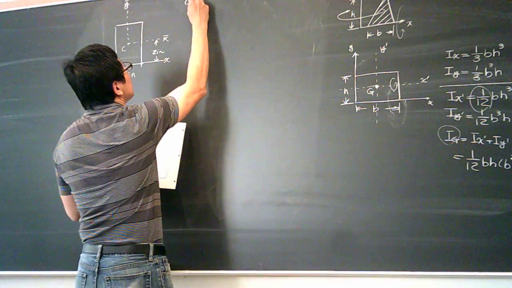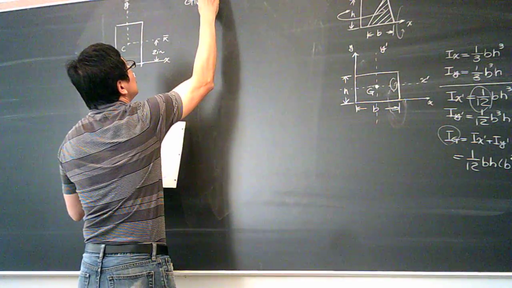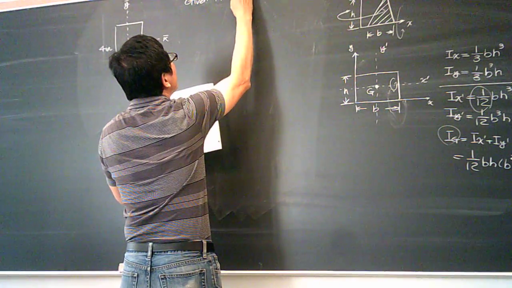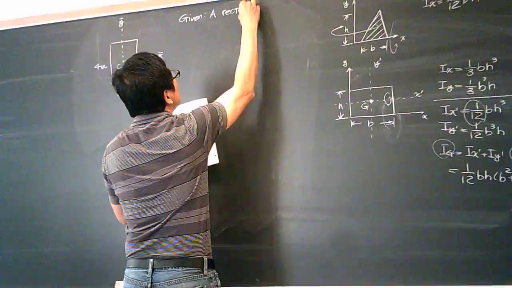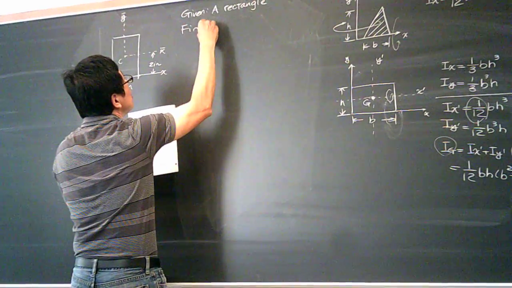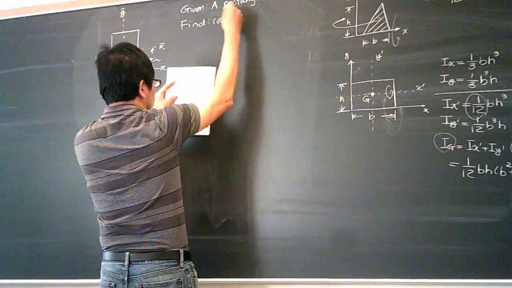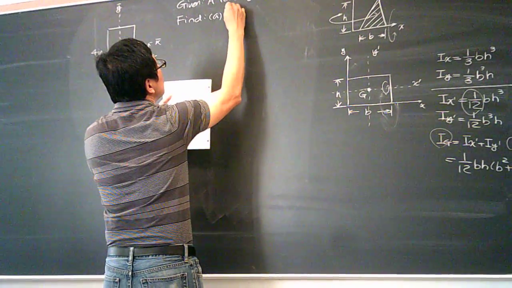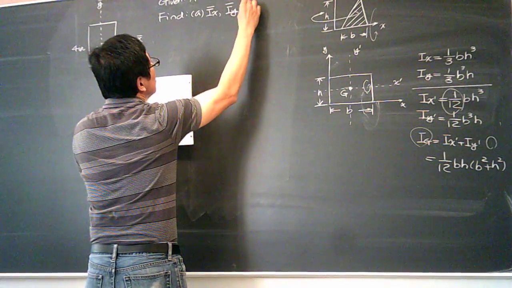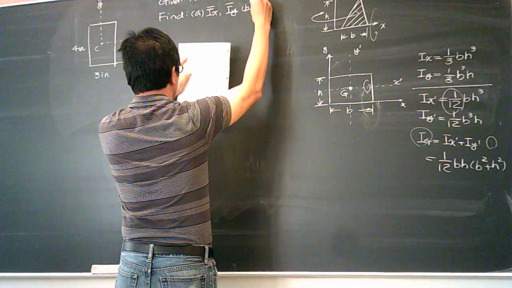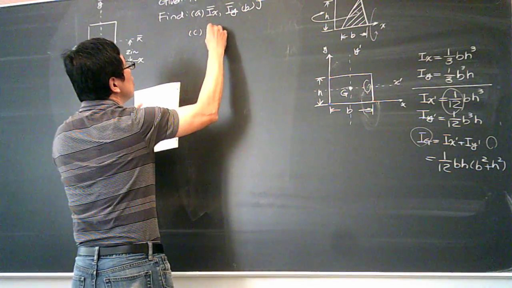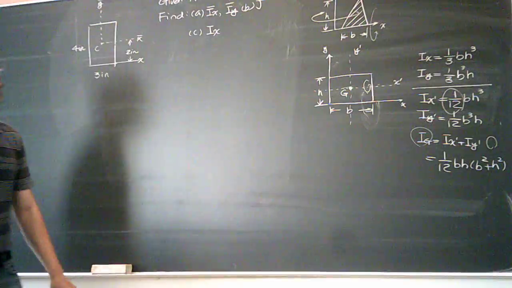Okay, so I'm given a rectangle. There are a few things I need to find: A, Ix, Iy, B, I need to find J, C, I will need to find Ix over here.